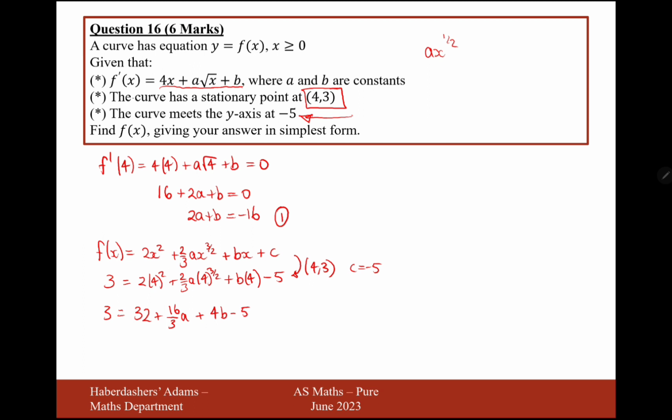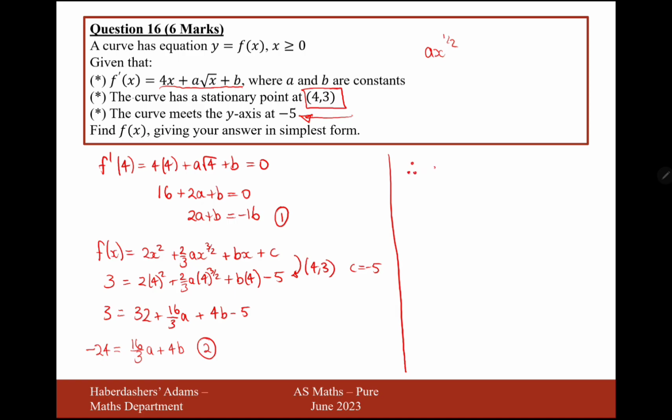Let's move all the numbers onto the other side and leave a and b on the right, and then we've created our second simultaneous equation. So 3 is on the left, add the 5 onto the left, and then subtract 32. So 3 add 5, take away 32, and we get minus 24. Excellent, so now we've got our second simultaneous equation.